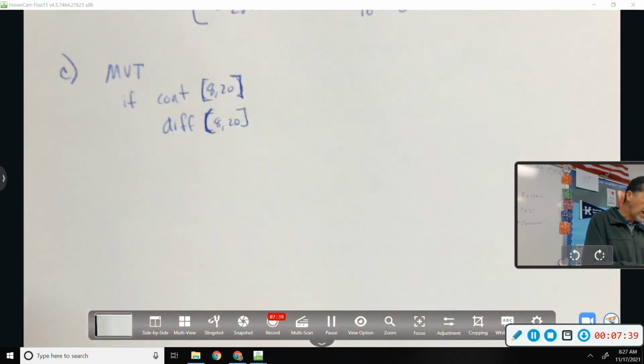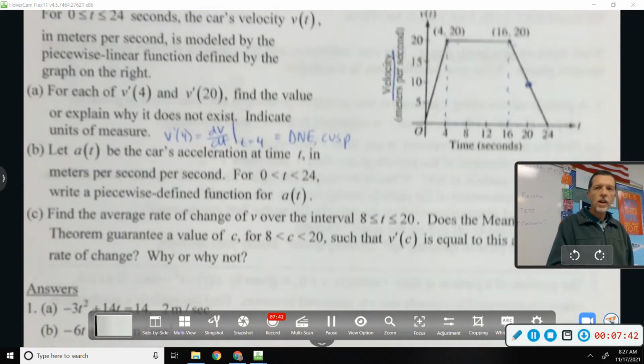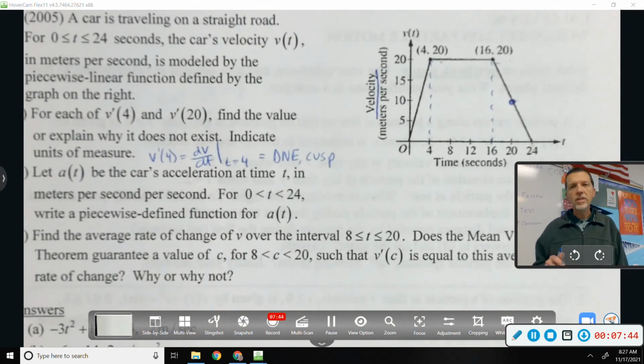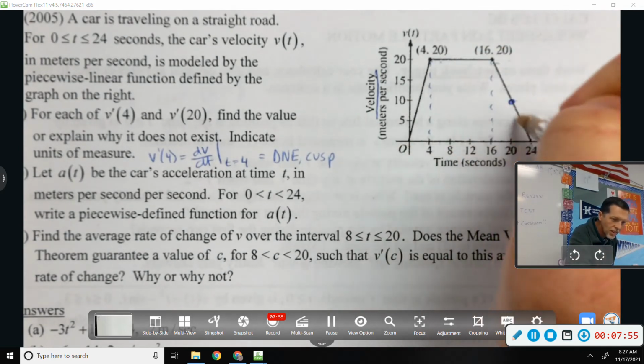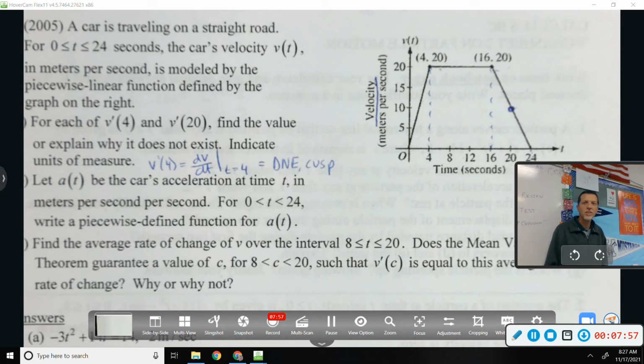So between 8 and 20, are we continuous? Is velocity continuous? Continuous just means you can draw the thing without lifting your pencil. It is continuous. Is it differentiable? No. In fact, we already said it wasn't differentiable.